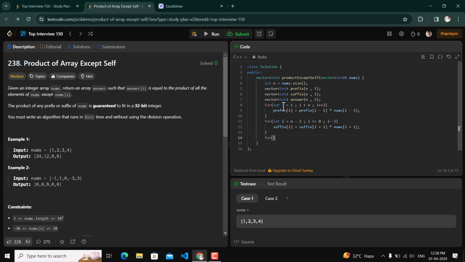To get our final answer, we have to multiply these two. For int I equals 0, I less than n, I plus plus, our answer of I would be prefix of I multiplied by suffix of I, and we will return this answer.